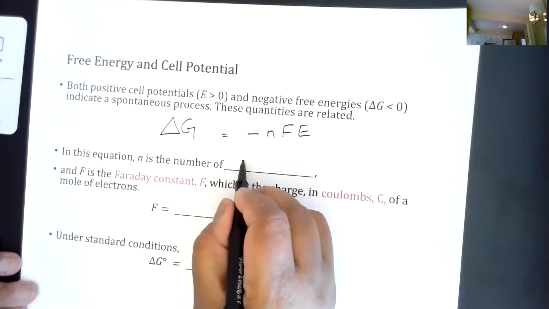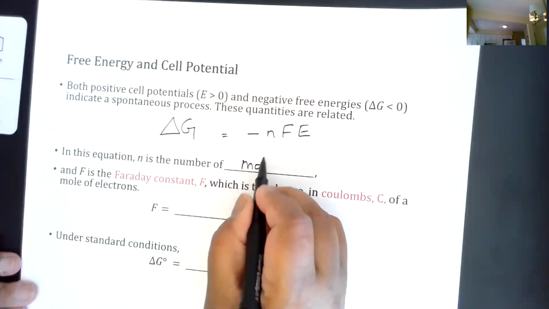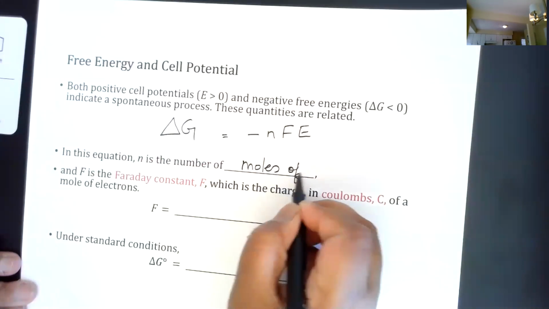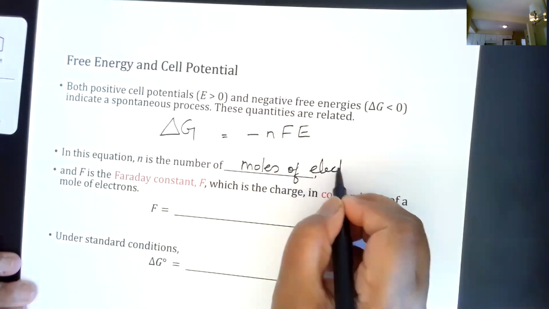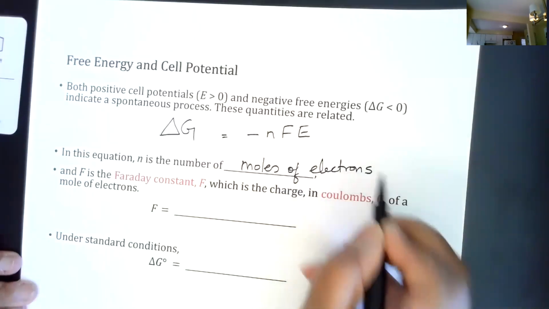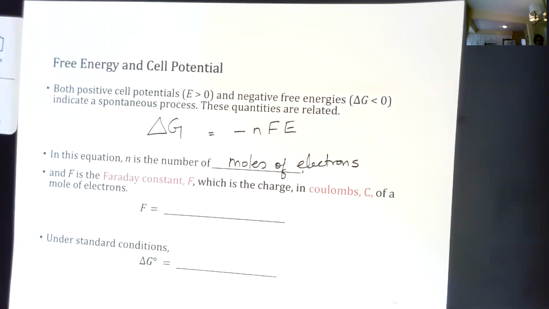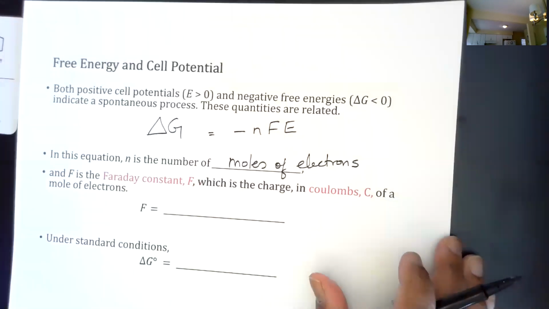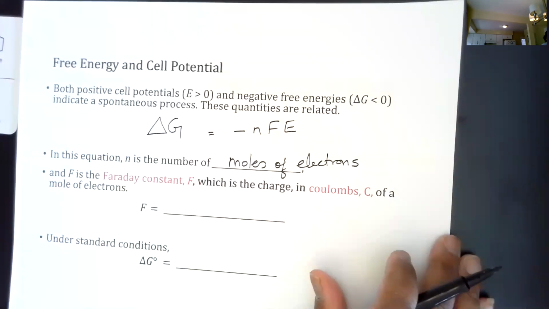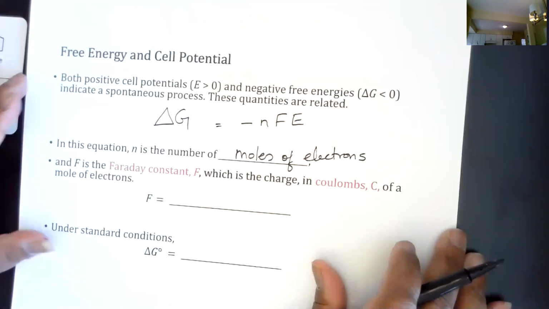n is the number of moles of electrons. You remember the electrons that you balance? You balance the electrons. If you have 3 in one and 2 in the other, you multiply by appropriate factors to make the number of electrons equal.